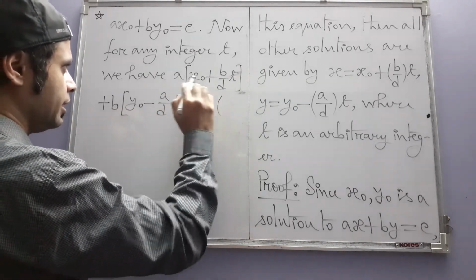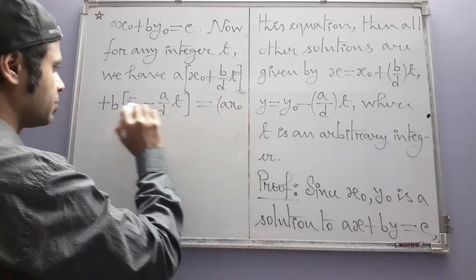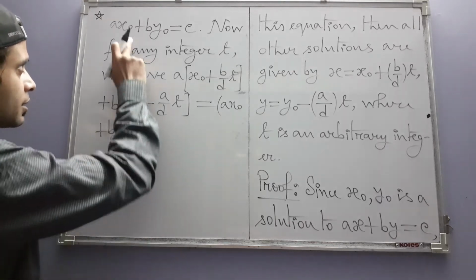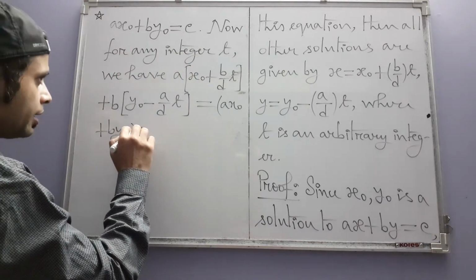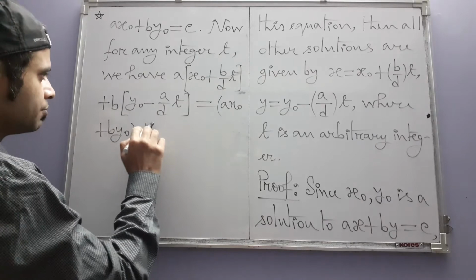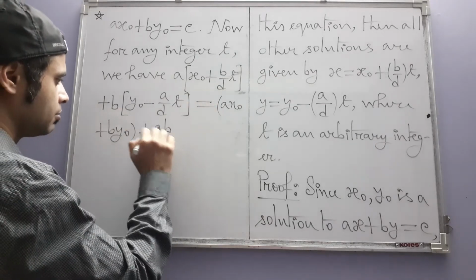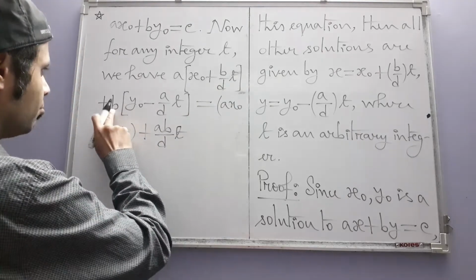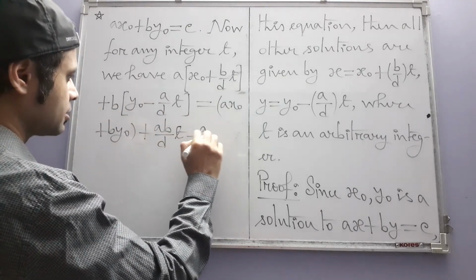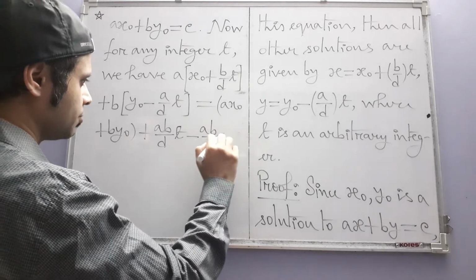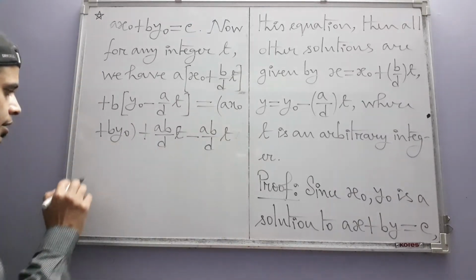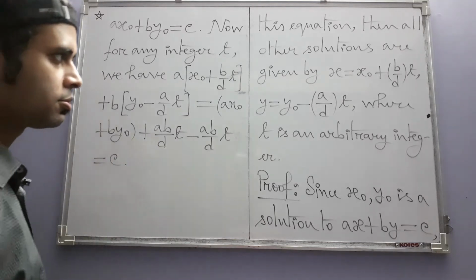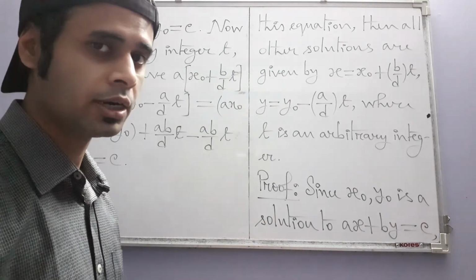From this we get ax0 plus by0. We keep them together obviously because of this, and besides them we also have ab divided by d times t minus ba divided by d times t, which is also the same as ab divided by d times t. So they cancel out and this gives us c. So yes, all of them are actually solutions.